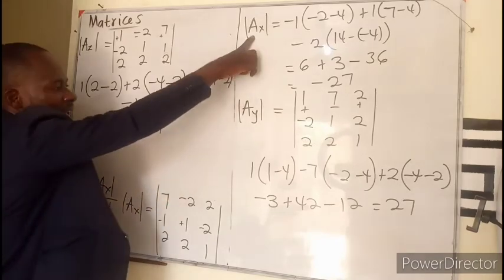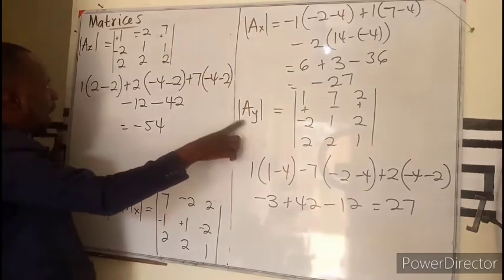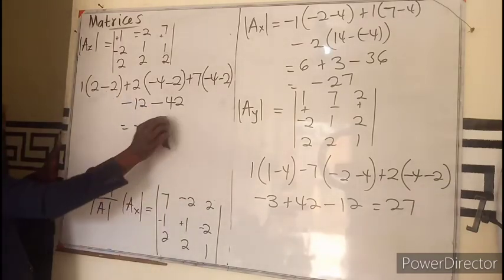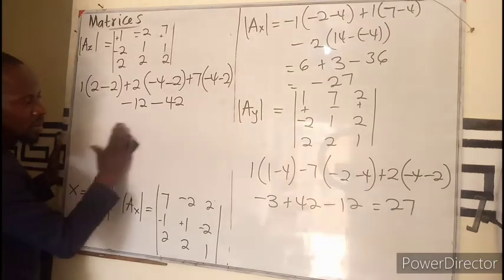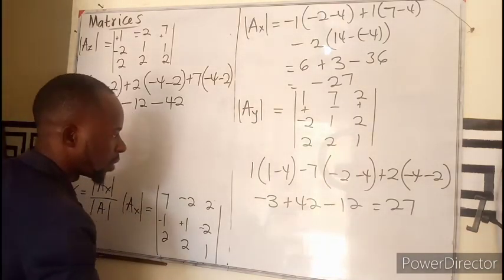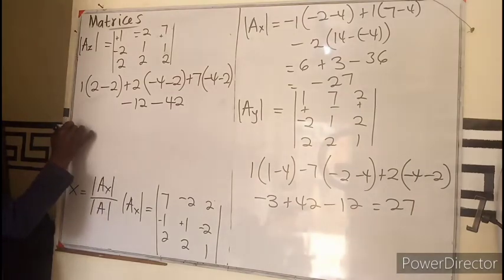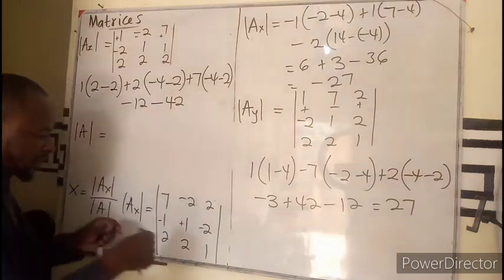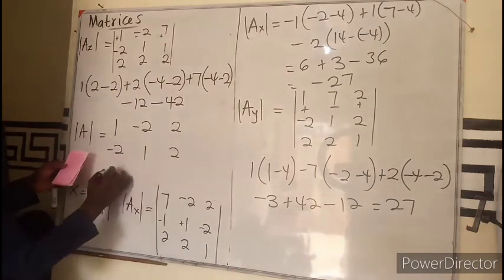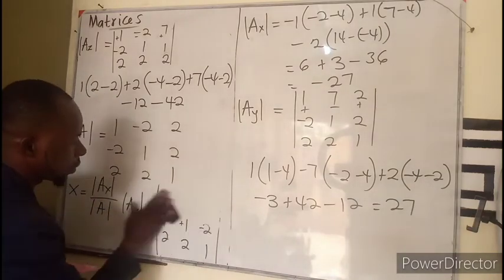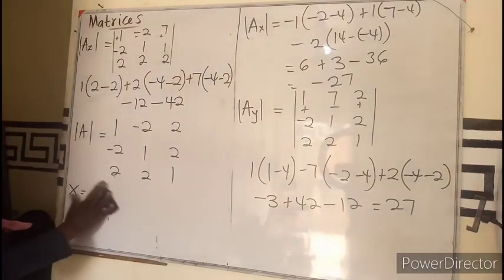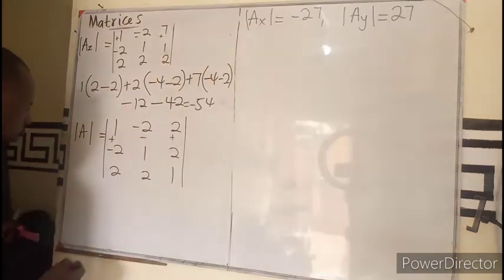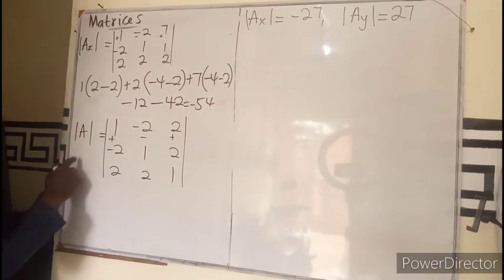So we know Ax, Ay, Az. What of the coefficient matrix itself? So let's take that. I think the coefficient matrix is, so now we need to find the determinant of the matrix.